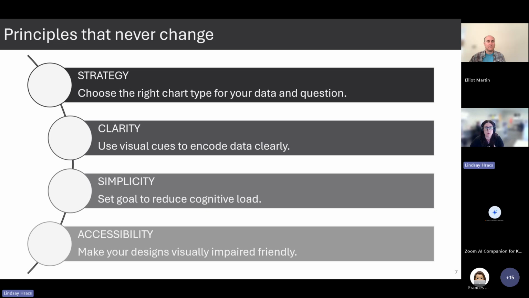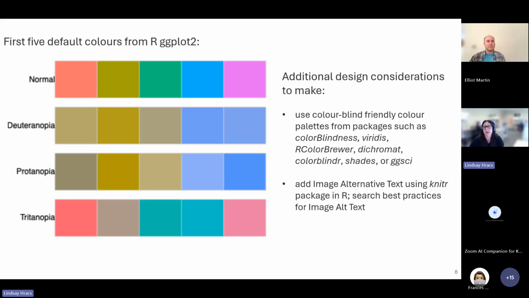And so I wanted to show right here an interesting exercise in color blindness. We see here the first 5 default colors from ggplot2. You see these in papers all the time. People typically go with just the base colors that come up.